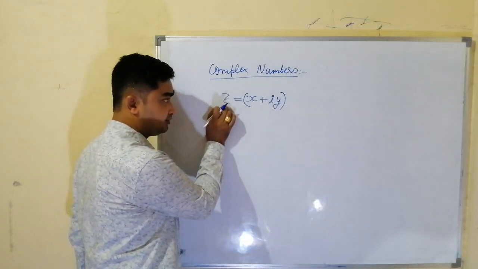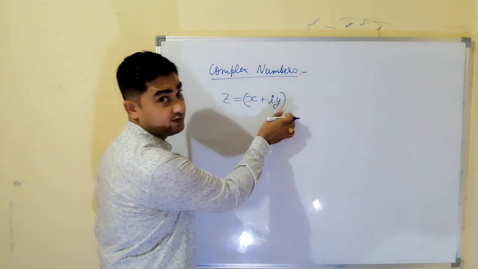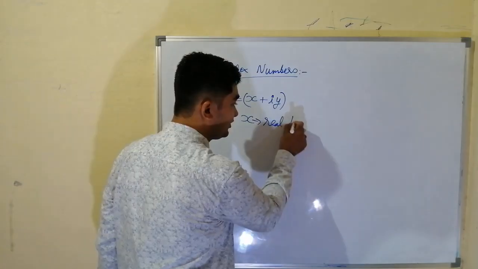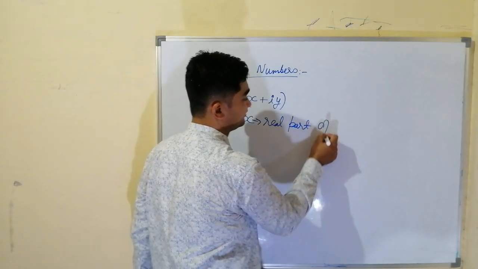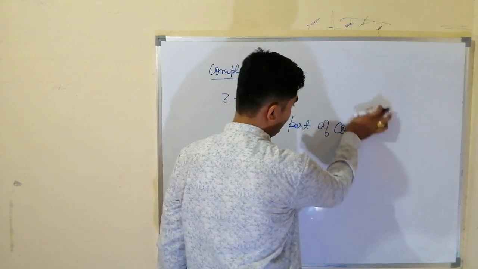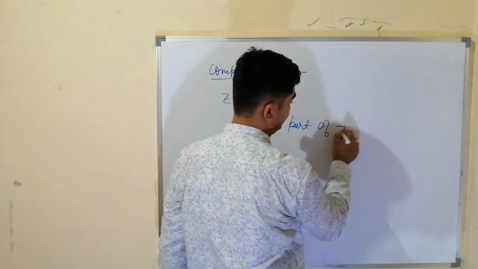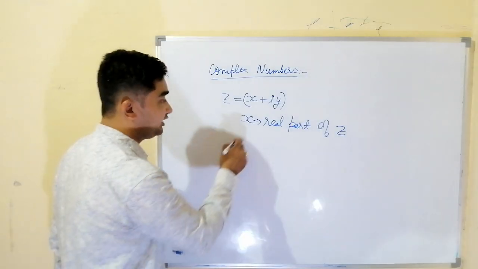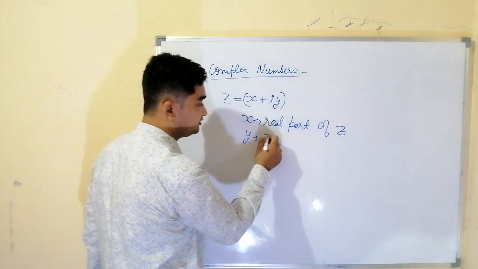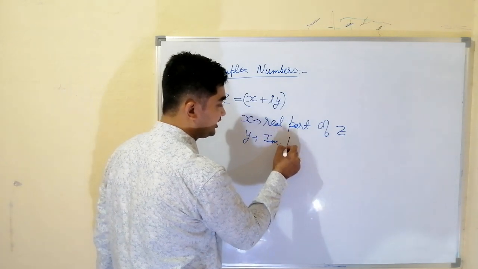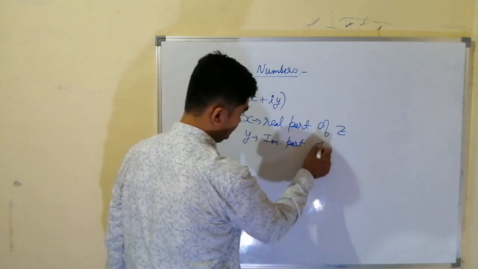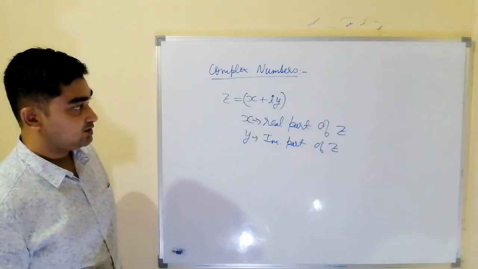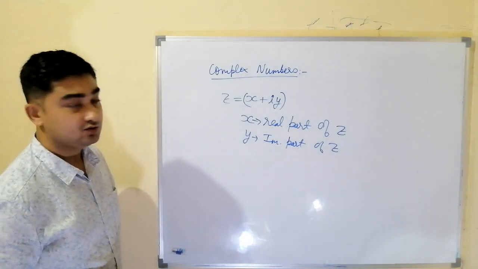So it is denoted by z, which is x plus iota y, where x is the real part of the complex number z, and y is the imaginary part of z. So this x plus iota y makes the complex number.